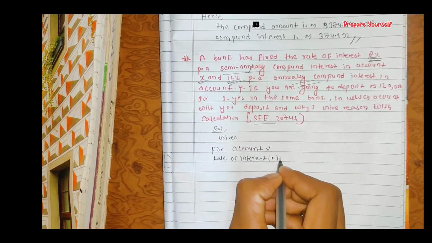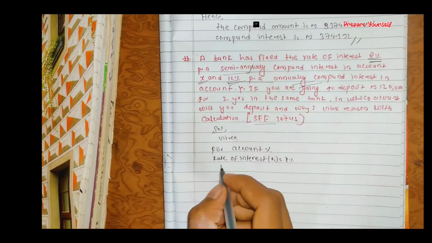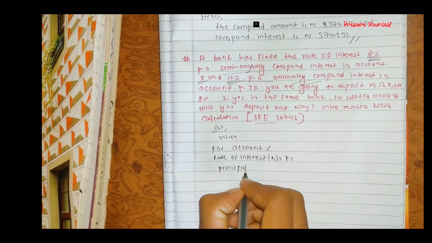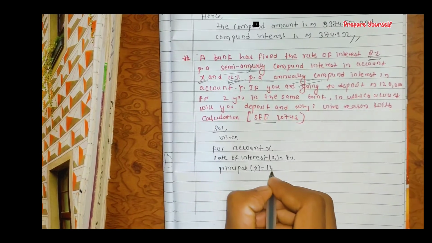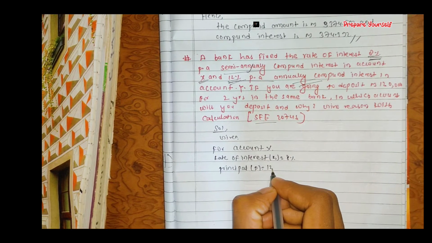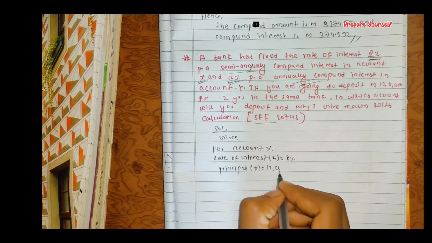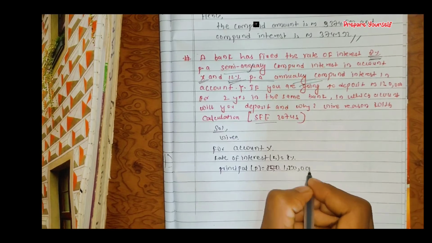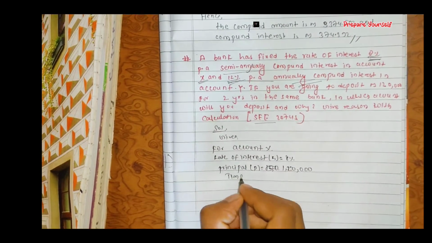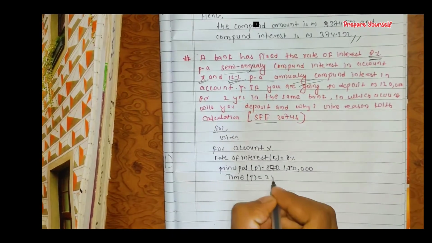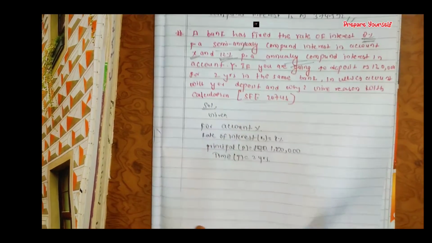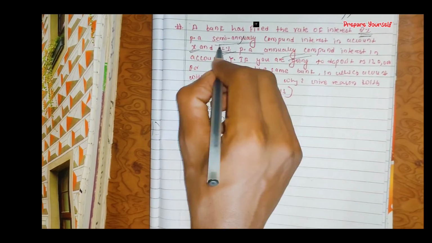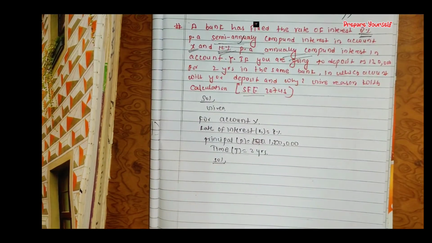Rate of interest R is 8%, principal is Rs 1,20,000, and time T equals 2 years. In this account it is semi-annually compounded interest.